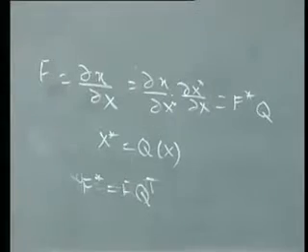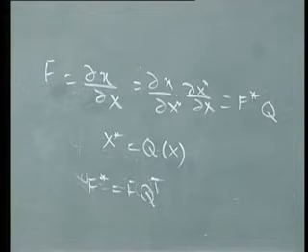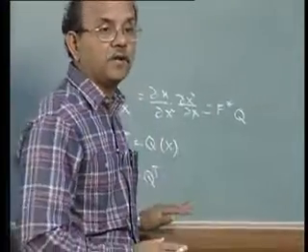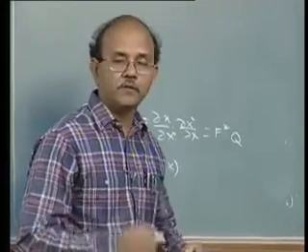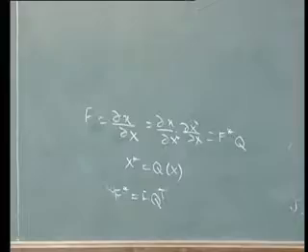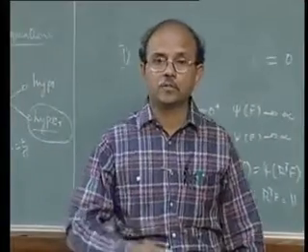But note the subtle difference between f star here and f star that we had for objectivity. So this is a condition for isotropic material. Note the difference between the two. In this case, I have F to be post multiplied by Q transpose, note that.